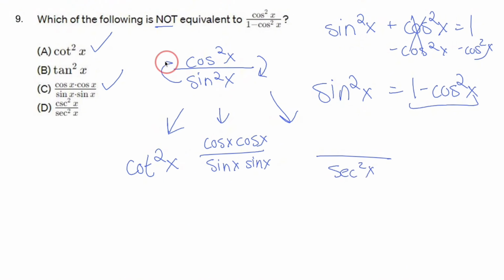And if I were to move sine squared x up, I would have cosecant squared x on the top, which makes you work. Oh, tangent. You little rascal, it's not tan squared x. And the moment I got the fact that it was cotangent squared x as the answer, that automatically gets me to the point where I can say it definitely can't be B. So B is going to be my answer. Remember, I want the one that is not equal to that. And B is the one that's not equal. Wasn't that neat? Hope this helps.